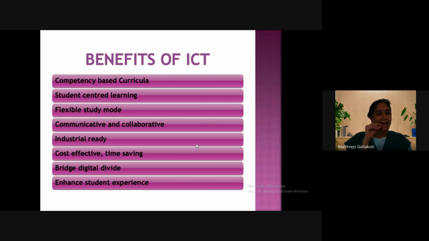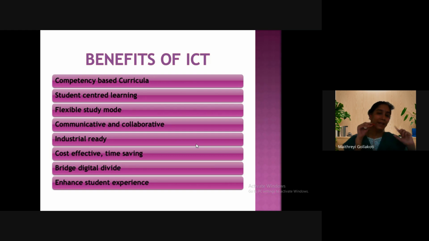Next is enhanced student experience. It will help the student understand the subject easily. To understand, and not just understand, to experience also. For example, if we are studying physics or chemistry, if we can see the experiment directly in an audiovisual way, definitely the student will understand the concept more easily and will be able to experience it personally.